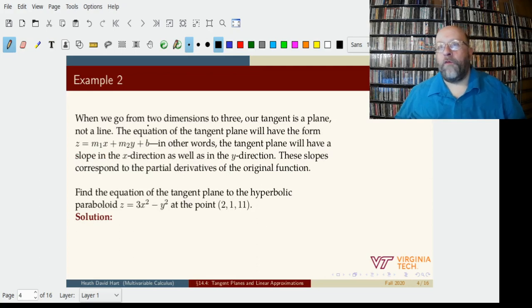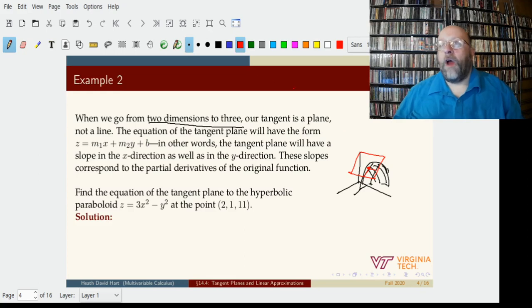When we go from 2 dimensions to 3, our tangent is now going to be a plane instead of a line. So if I've got some sort of surface here, and some point on that surface, I have an entire plane that's tangent to the surface at that point.